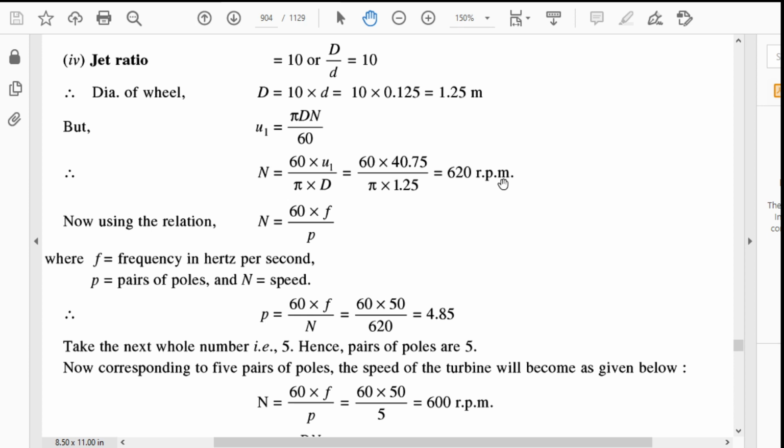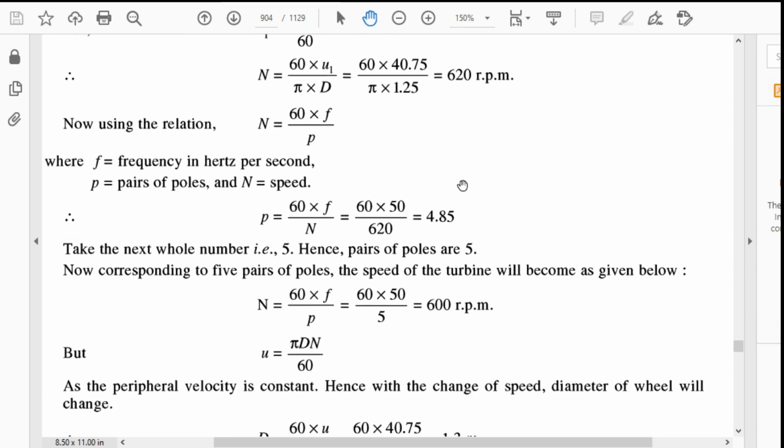They have given that the diameter of wheel is 1.25 meters, so for this N will be 620, and U1 we have calculated previously. U1 is 40.75. Okay, so RPM is 620.